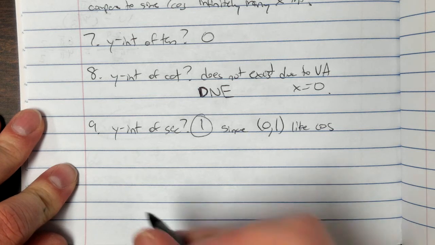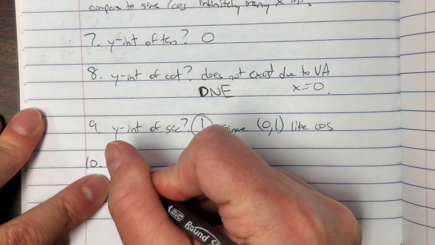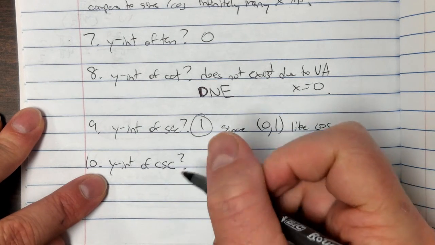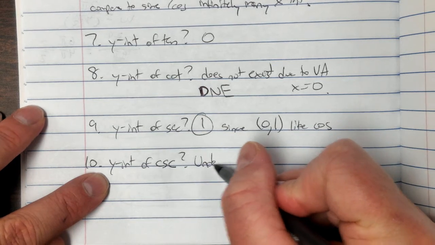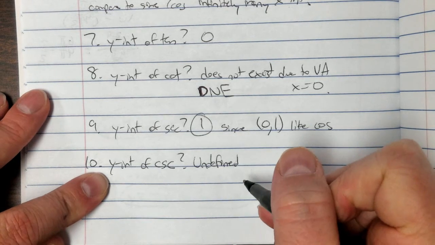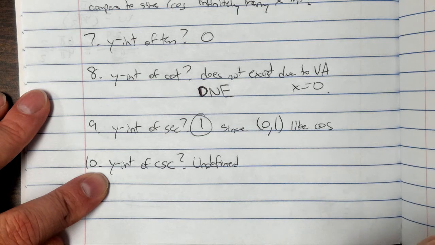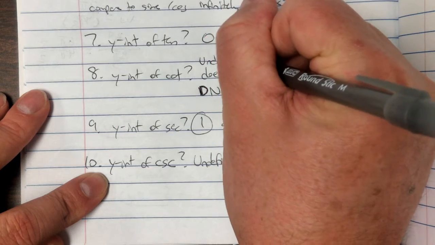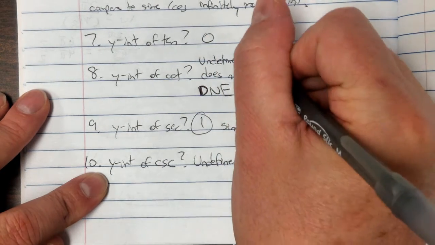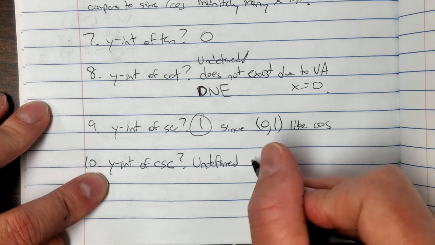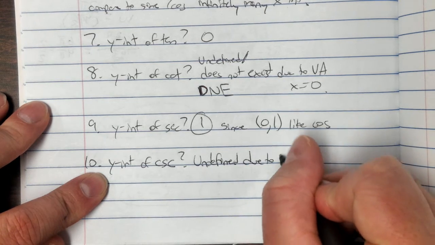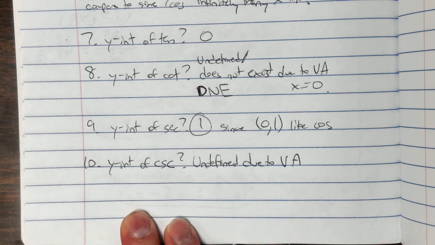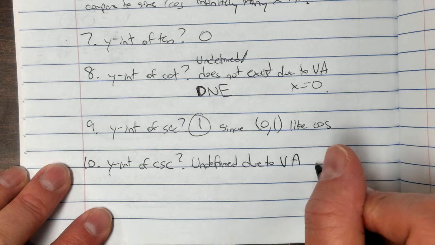And number 10, if it asks you about the y-intercept of cosecant, CSC, that's going to be undefined. I guess we could have put the same thing for cotangent, undefined instead of does not exist. Just whichever way. Yeah. Due to the vertical asymptote at x equals 0.